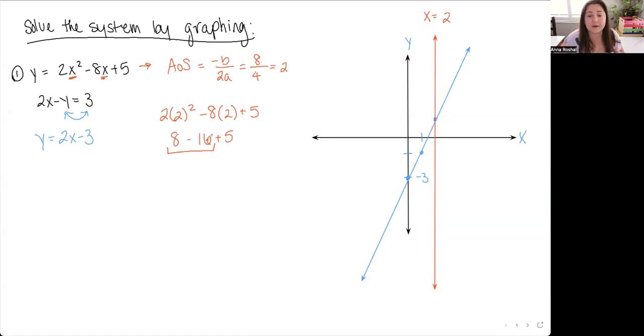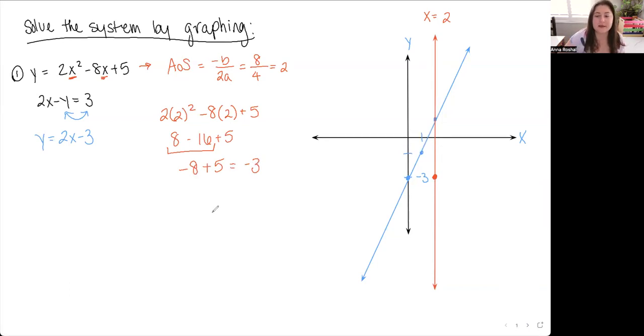And depending on whether it's positive or negative, whichever number is bigger, it'll either be negative or positive, right? So 8 minus 16, negative. Plus 5 gives me negative 3. So my vertex for this particular quadratic function is going to be (2, -3).